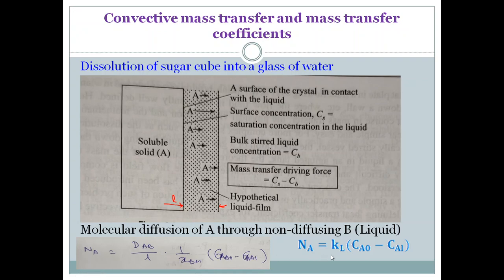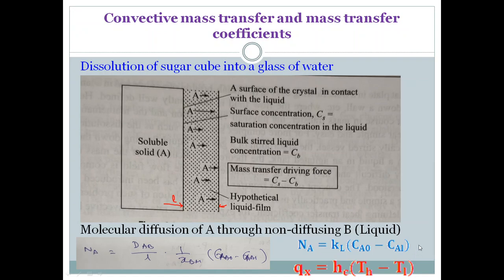If you see heat transfer, the heat flux Qx is equal to h times (Th, the higher temperature, minus TL, the lower temperature). And in mass transfer, that is the mass flux, kilomole per meter square second. This is KL, and this is CA0, the higher concentration, minus CAL.